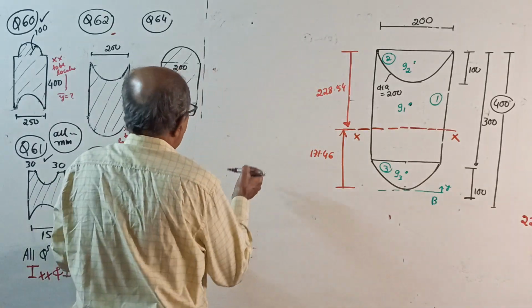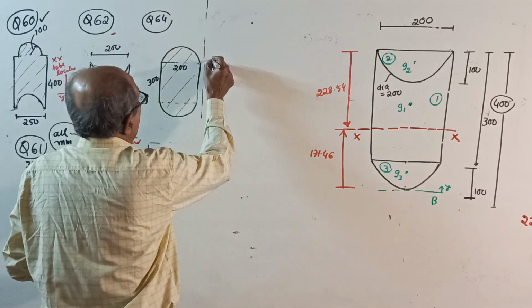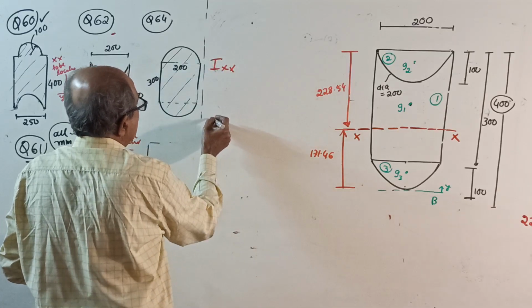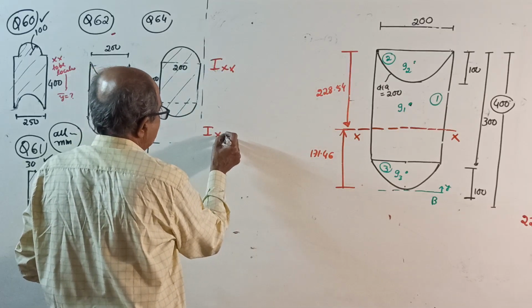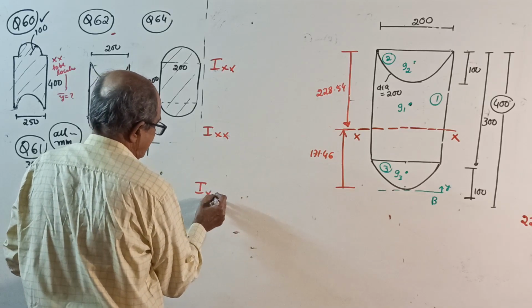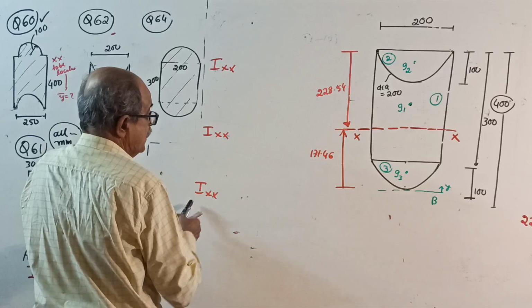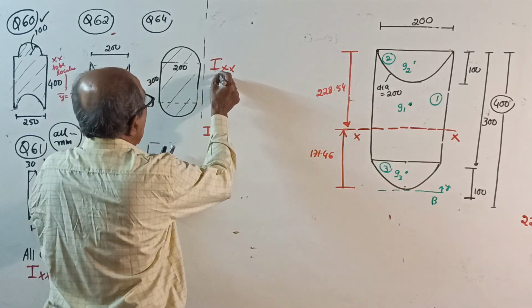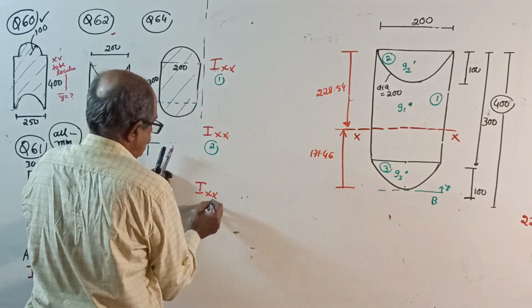Start. I about xx, again I about xx, again I about xx. So you write horizontally for 1, for 2, for 3.